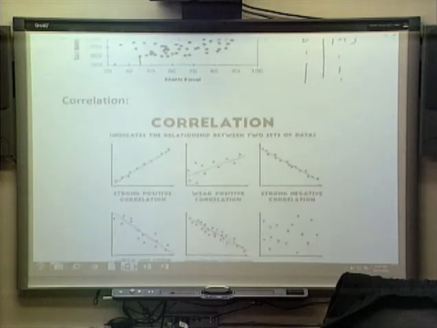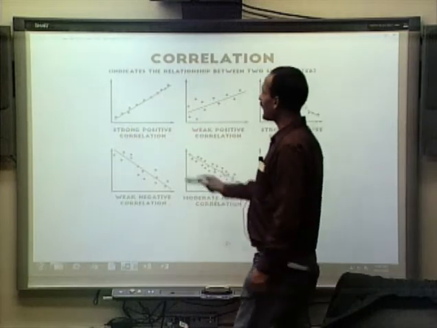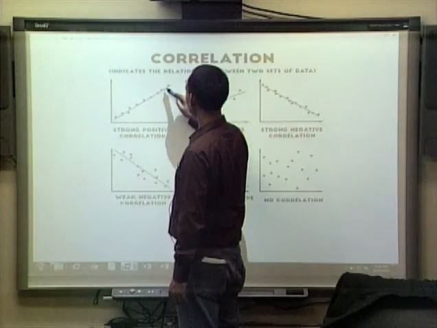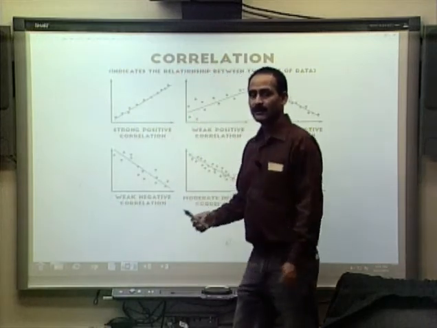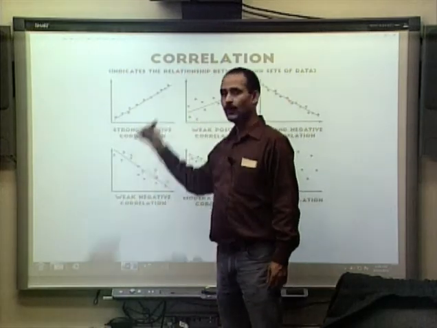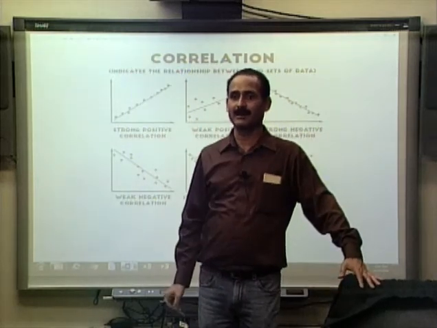So what is correlation? Let's look at this example. If we have a scatter plot like this, there is a dot here, a dot here, a dot here, and the scatter plot looks like an almost straight upward-going line.